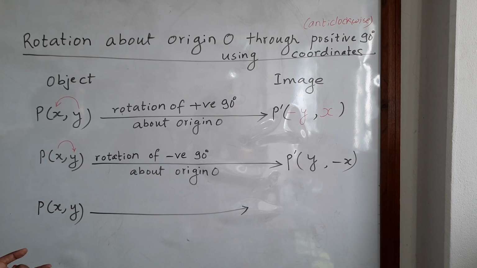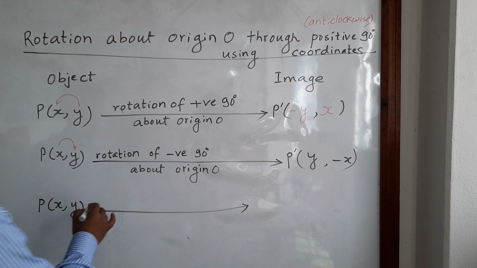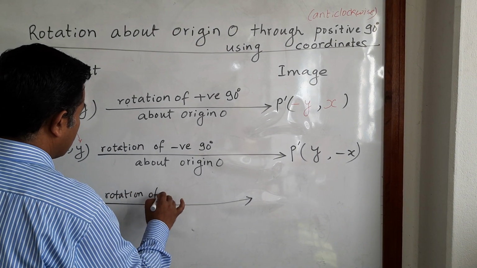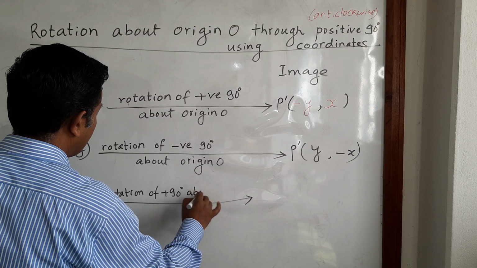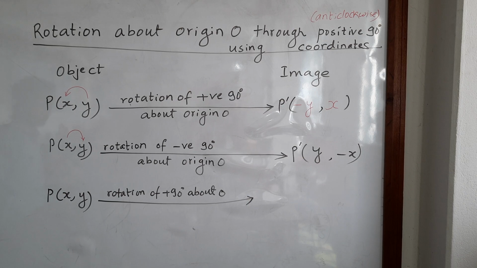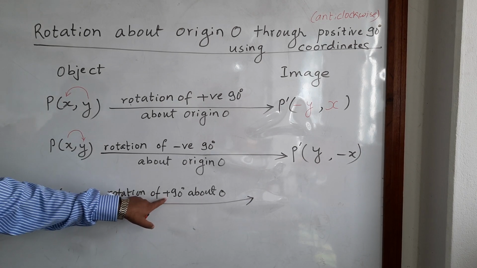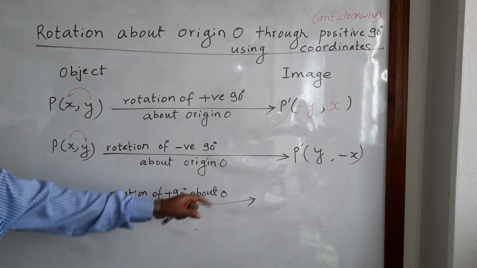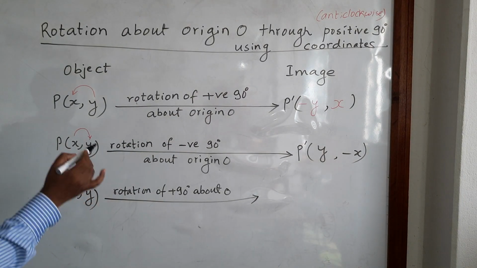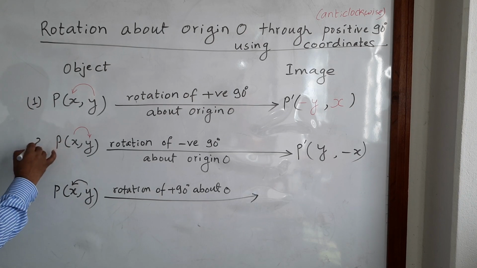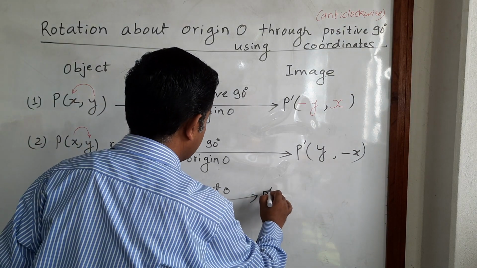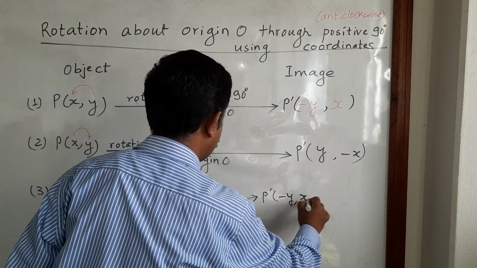For that, first of all we will do a rotation of plus 90 degrees about O. First we rotate this through 90 degrees, plus meaning in the anti-clockwise direction, about the origin O, and the formula is as in the first one, so its image becomes (minus y, x).